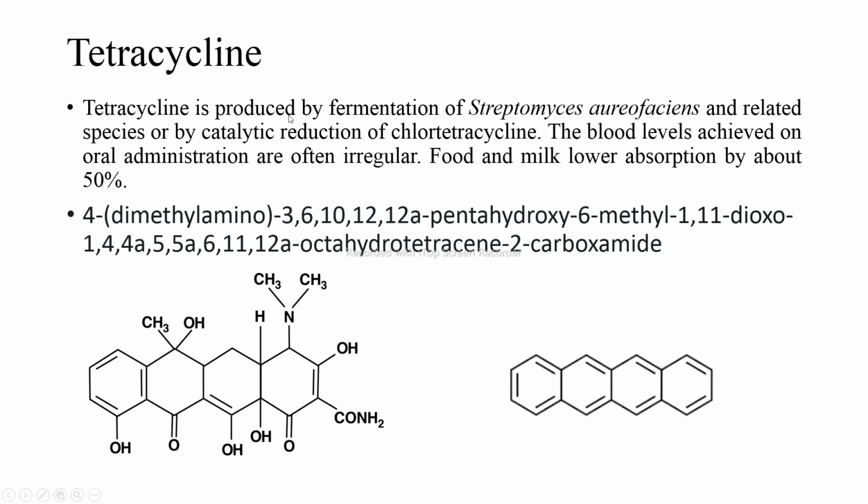Or also these tetracyclines are produced by catalytic reduction of chlorotetracycline. As we discussed at the start of the lecture, the first tetracycline which was isolated was chlorotetracycline. So from chlorotetracycline, by catalytic reduction, tetracycline is produced, right? And from natural sources, tetracyclines are isolated from Streptomyces aureofaciens and related species.